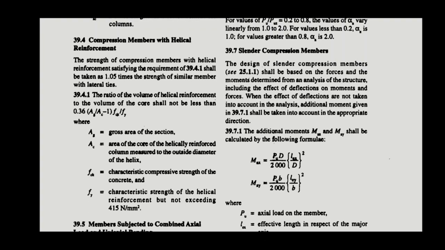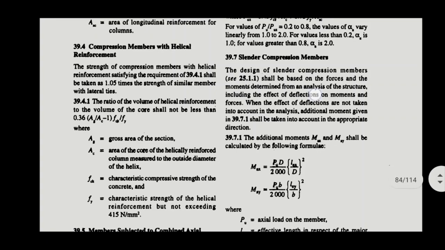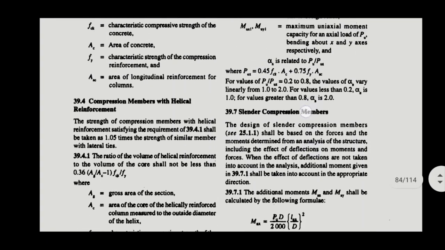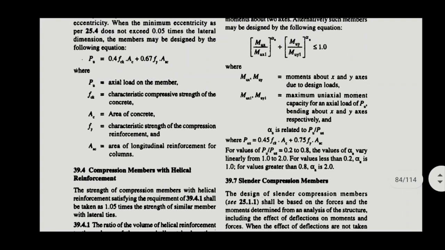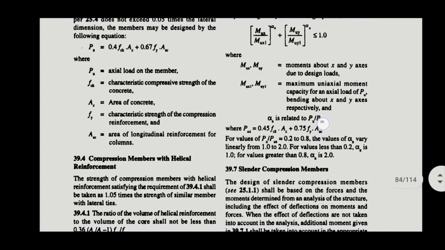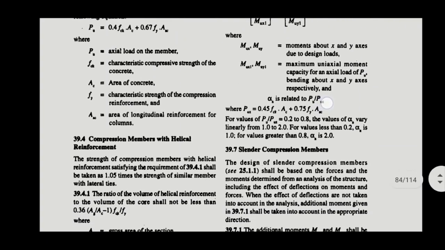So for helical reinforcement we have to multiply 1.05 with this formula, Pu is equal to 0.4 fck Ac plus 0.67 fy Asc. So we have to multiply 1.05 with this.